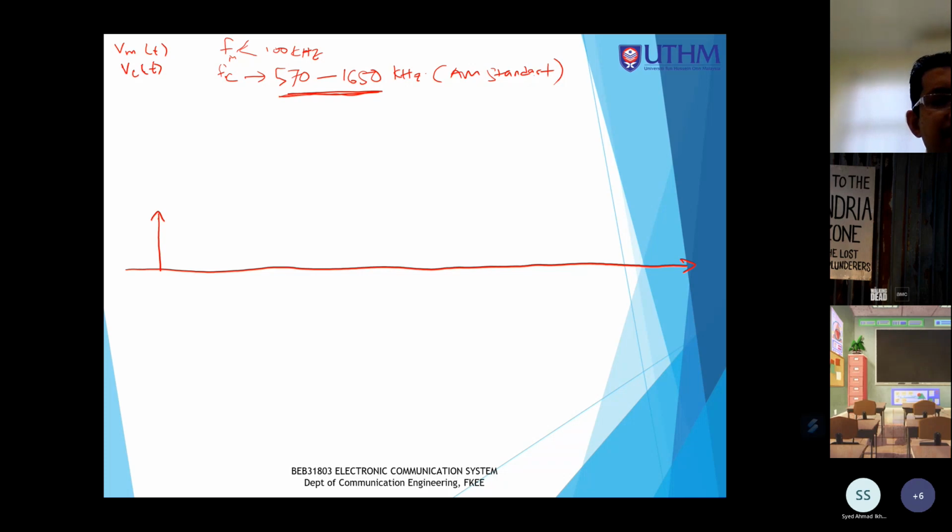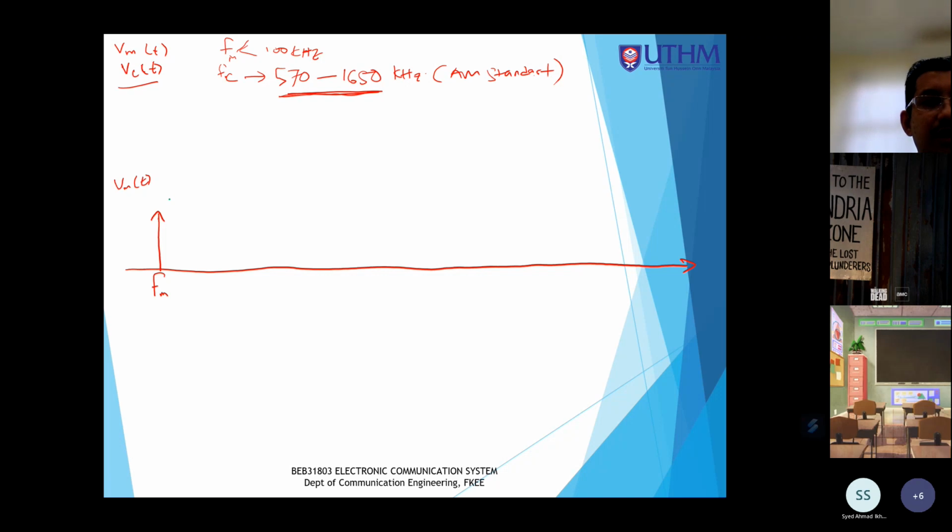Okay, so kita ada VMT, for example we have the VMT, yang mana di sini adalah frekuensi FM. Remember, apabila kita buat modulation dengan carrier, sebenarnya kita akan translate the frequency from low frequency into higher frequency.